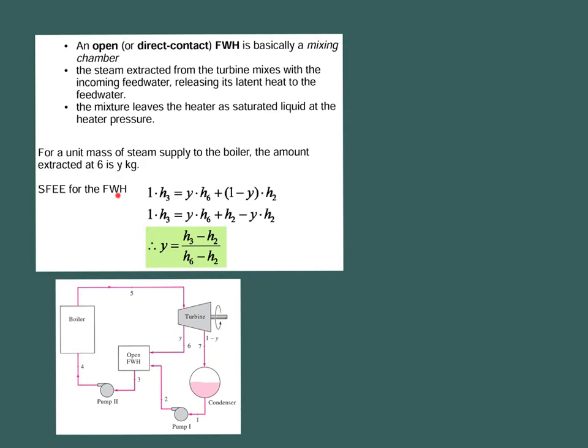So this is taken from your notes, right? I'll simplify this to help you better understand how to find this fraction. So we are going to start from your energy balance.